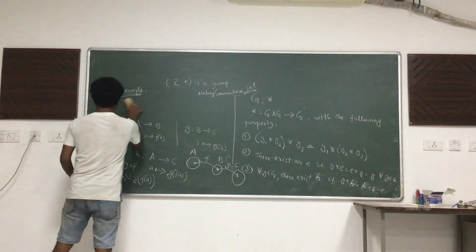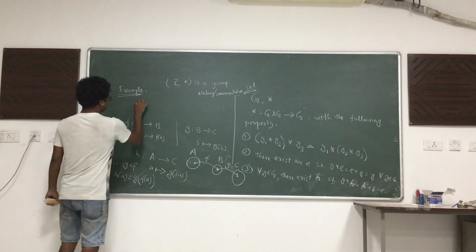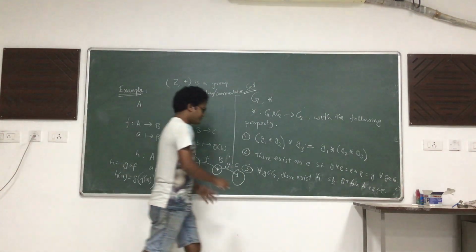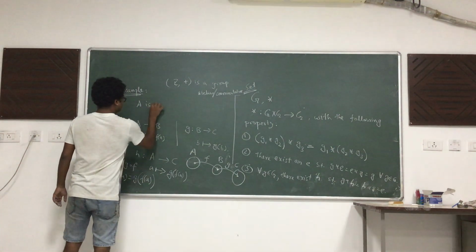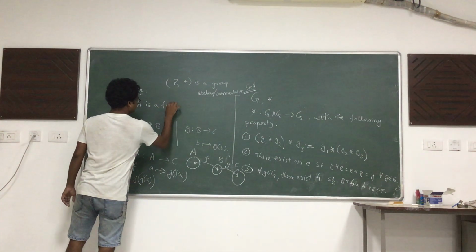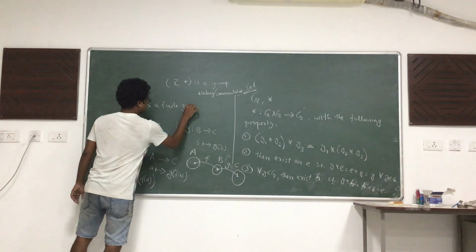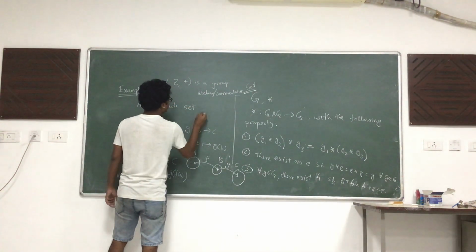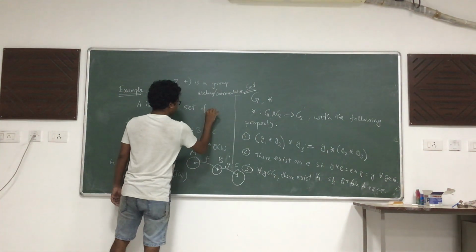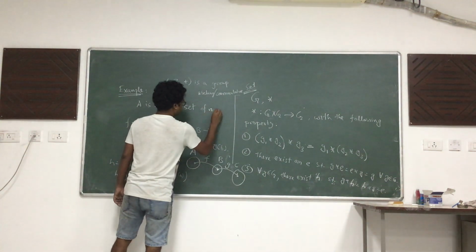Now let us say, for this purpose, for example, let's take A to be a finite set of n elements. Sorry, not a group, a finite set of n elements.